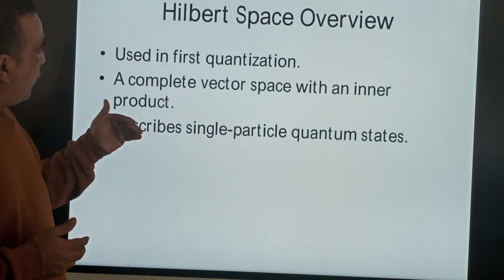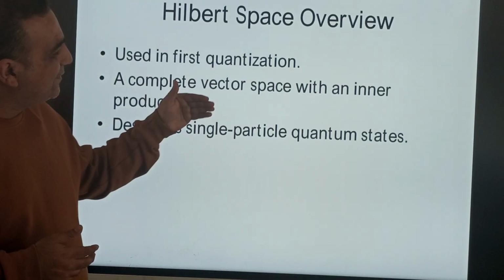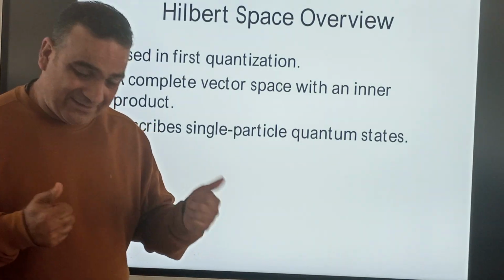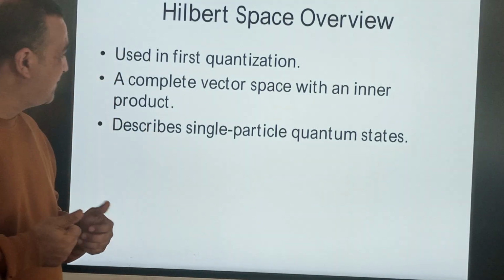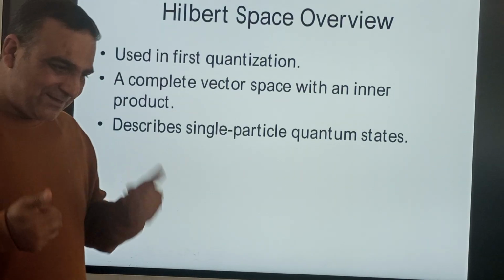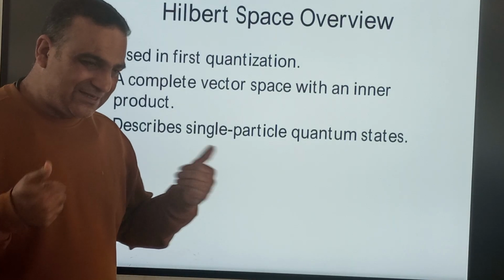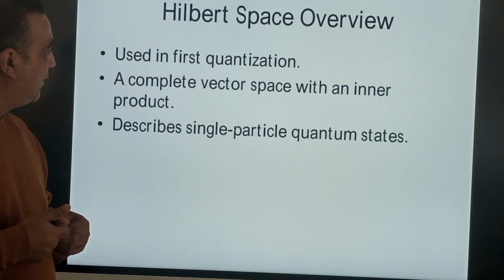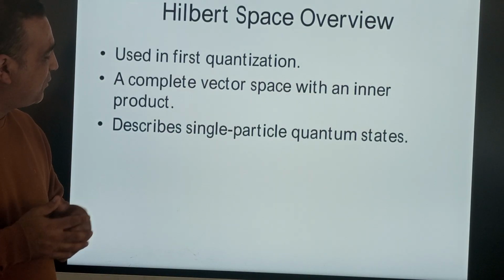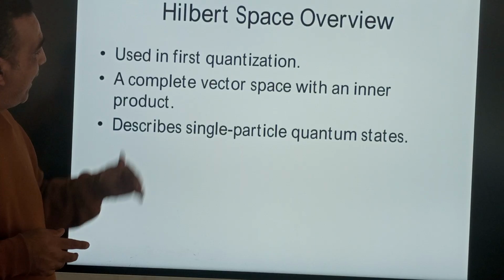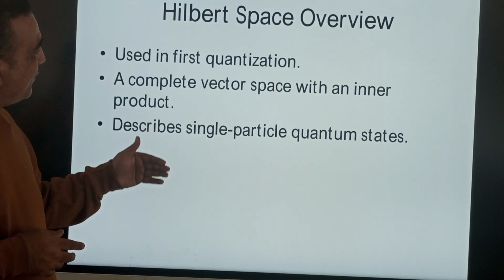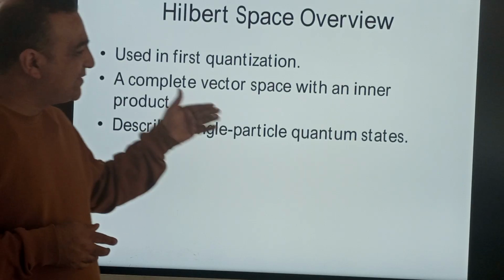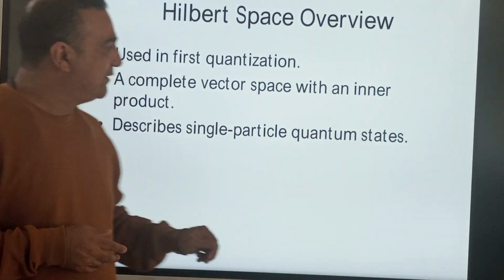It's a complete vector space where there always exists an inner product, which is almost similar to the scalar product in conventional vector models. The main purpose of Hilbert space is that it describes a single particle quantum state.